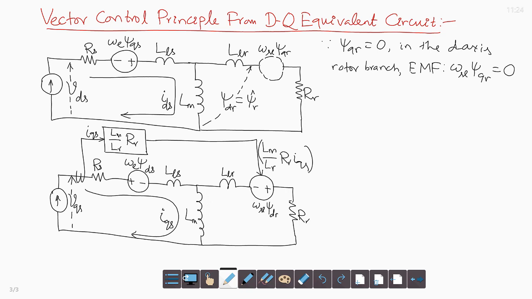So, psi QR is between these 2 points, so this is 0 for vector control.